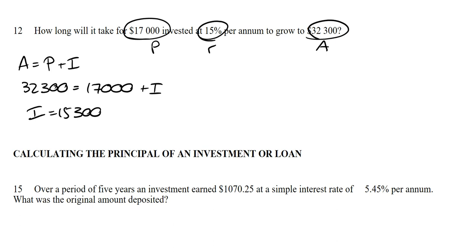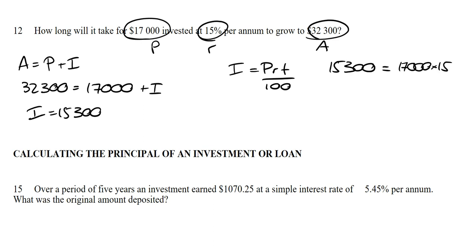And now I'm going to find the amount of time it took. So I is equal to PRT over 100. So we've got $15,300 is equal to 17,000 times 15 times T over 100.